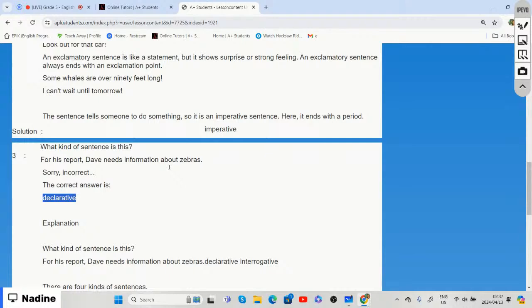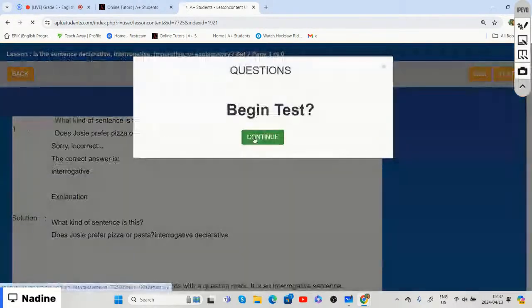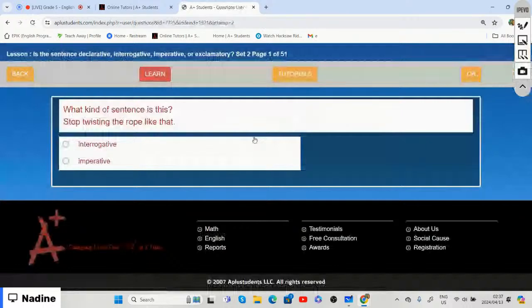All right, so now let's go to our test. What kind of sentence is this? It says, stop twisting the rope like that.